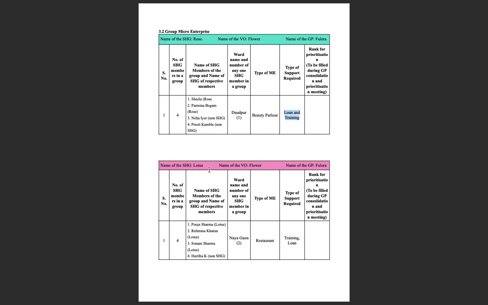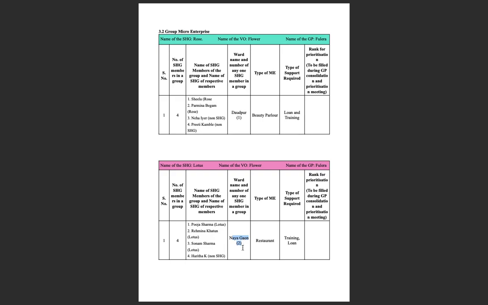In a similar way, for Lotus SHG, 4 members are in a group who want to take up a group ME. Pooja Sharma, Rehmeena Khatun, Sonam Sharma, Harita K. Few of them are from the SHG fold and one of them is not from the SHG fold. The SHG ward name and number of any one SHG member has to be written.